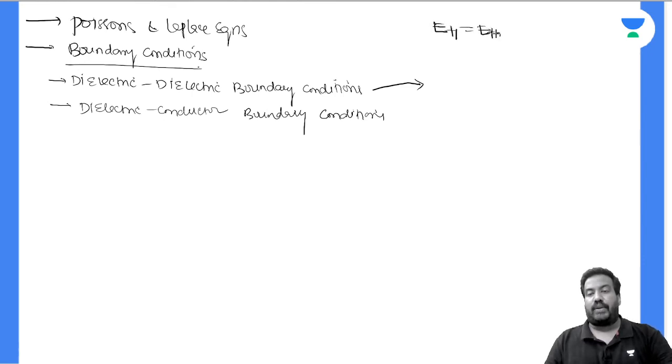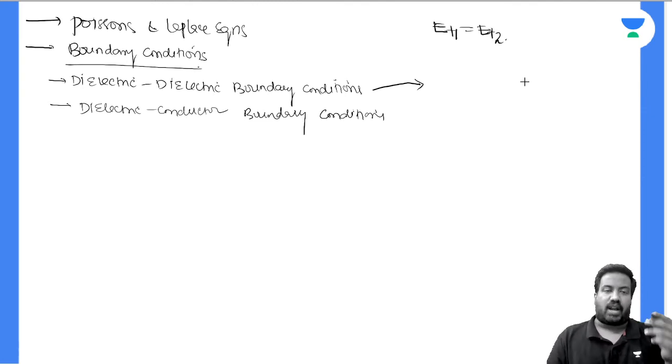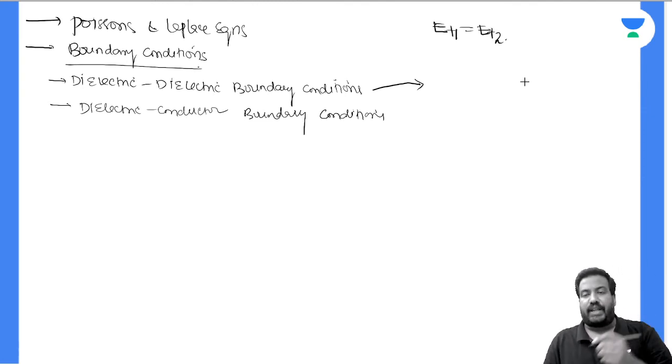E T1 is equal to E T2. Tangential component of electric field is continuous across the boundary of discontinuity. It is unconditionally continuous. For the derivation, please refer to the marathon series, dear.